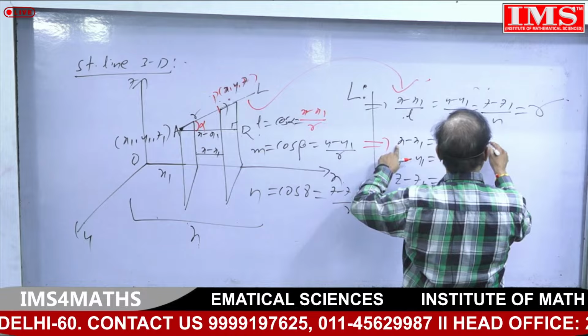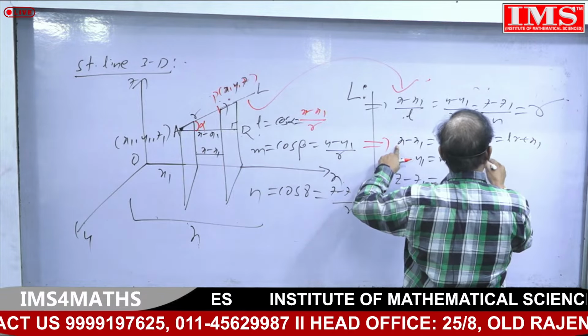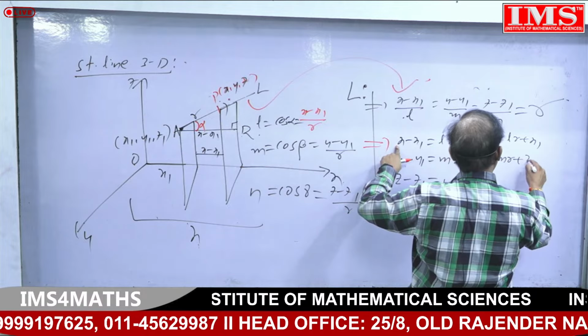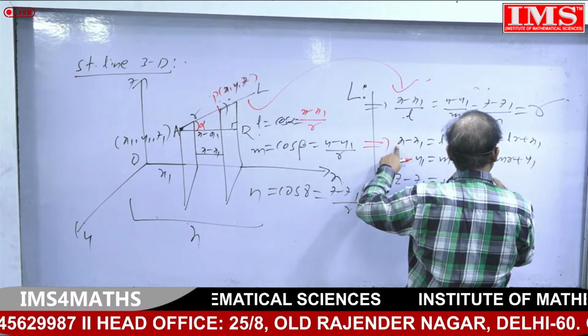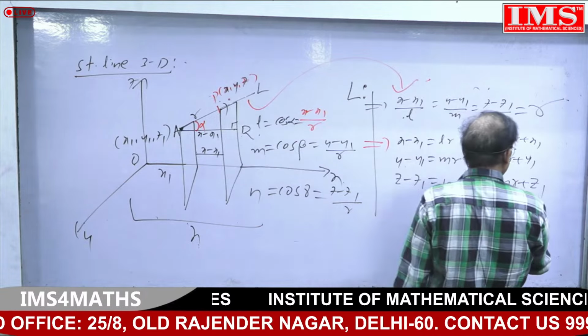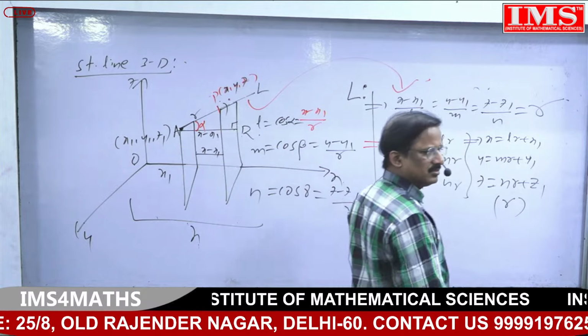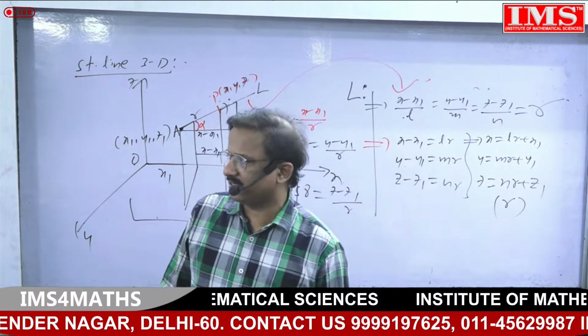This implies x is equal to lr plus x1, y is equal to mr plus y1, and z is equal to nr plus z1, isn't it? Where r is known as the parameter. And these equations are known as the equations of the line, right?